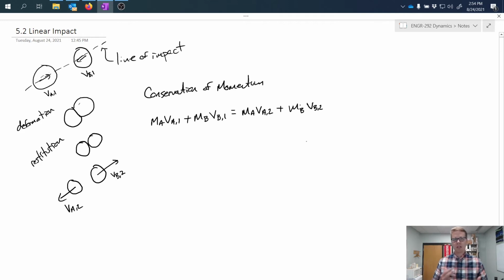Now, we didn't include any sort of impulse term in here because we don't have any external forces involved. There's no additional forces being applied to our objects, so therefore that term is zero.